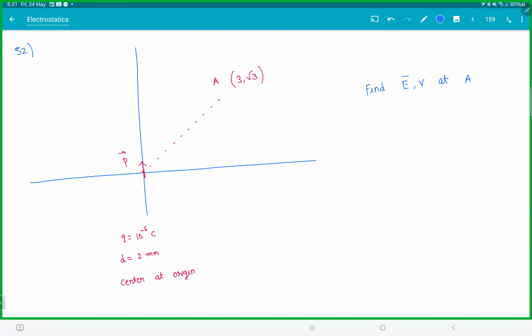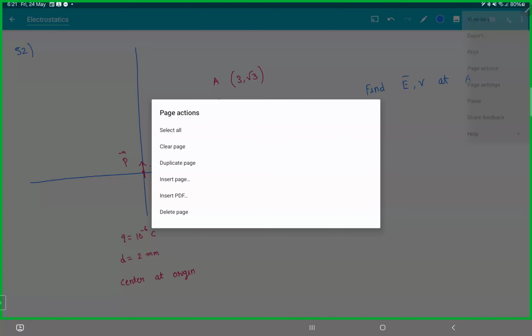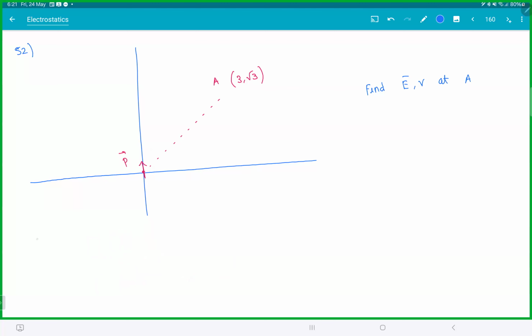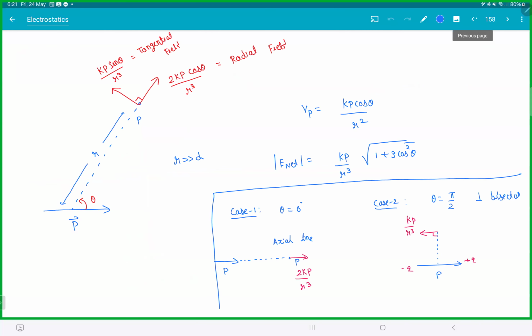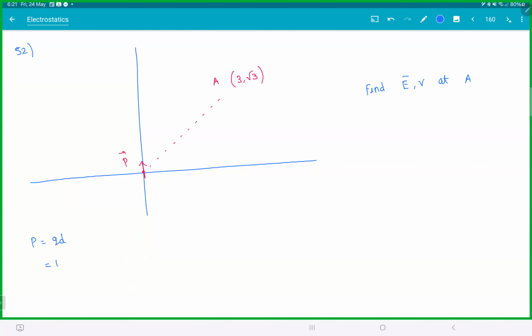Let's see. So first of all, what is P bar? Q into D. The Q is 10 power minus 6.